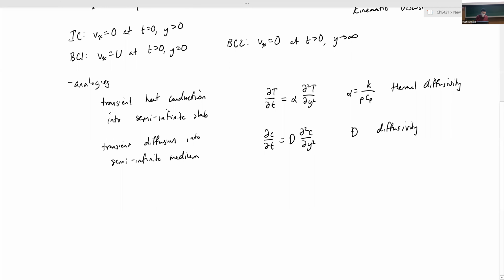And so nu in fluids can be thought of as the diffusivity of whatever is actually moving in this case, and that's momentum. And again, the units are the same as everything else we've seen in these analogies: L squared over time, length squared over time.